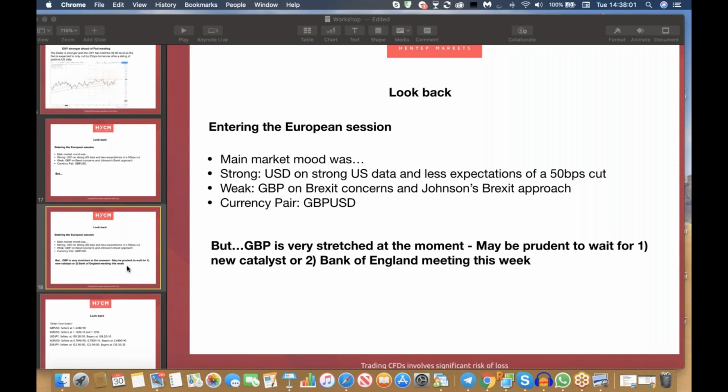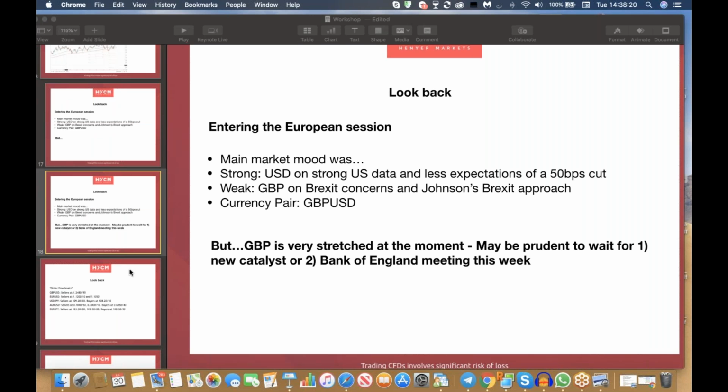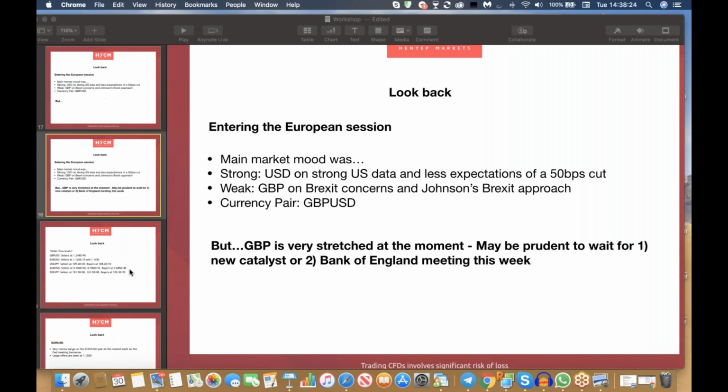So trading these moves on the pullbacks can be very effective. Just trust your analysis, trust your technicals, set your take profit targets, and just trust it all. The more trust you have in it, the better. And use demo accounts to get your confidence up, and you'll get better and better at this.